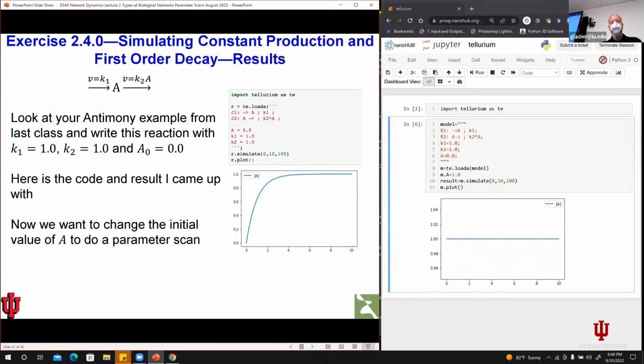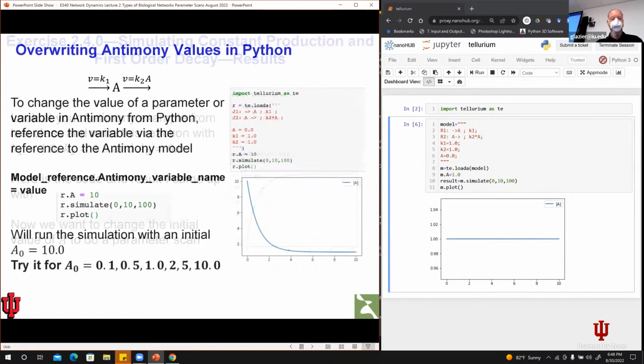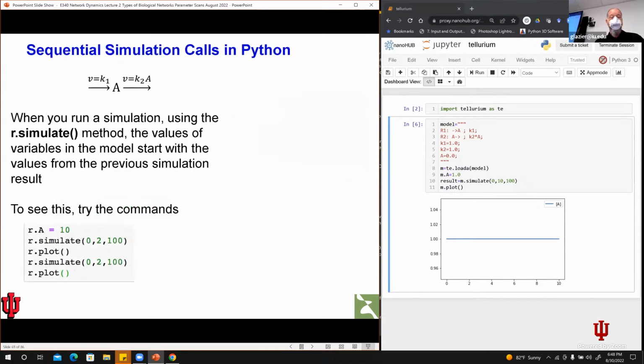Okay, so now we can make a parameter scan for the initial value of A. So remember the way we overwrite the value. The first thing we could do is just by hand: m.A = 1, result = m.simulate.